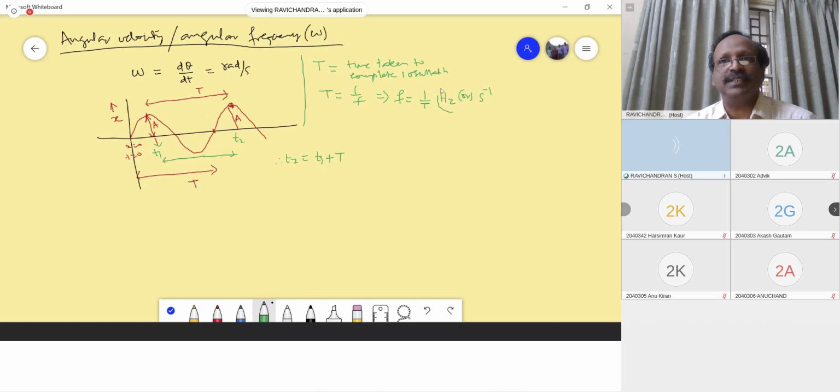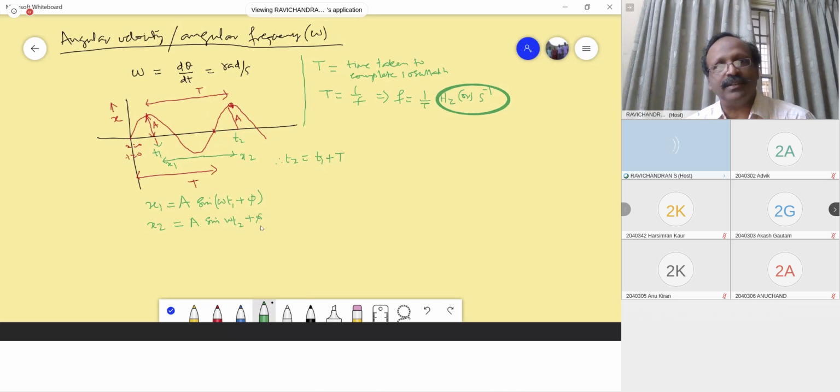Now I write the equation: x1 is A sine of omega T1 plus phi, and x2 is equal to A sine of omega T2 plus phi. Is that all right? Hope you understood.